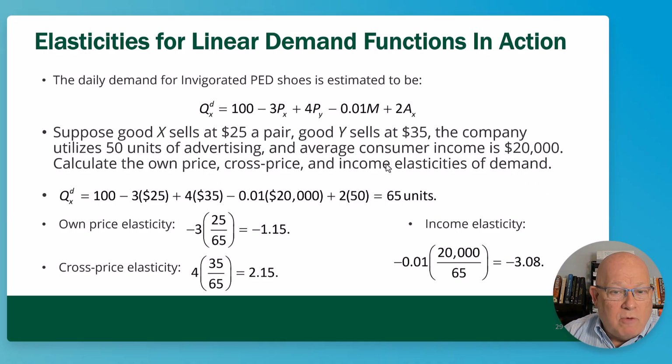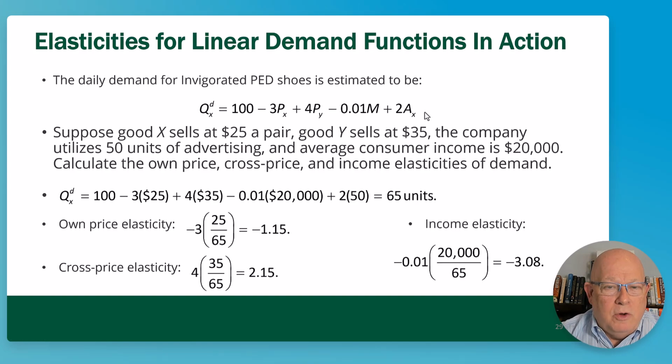We're going to do some advertising for our shoe, and we know the level of consumer income. Our finance quantitative department has calculated a formula for the quantity demanded as a function of these variables. It's 100 minus 3px plus 4py minus 0.01I plus 2a.